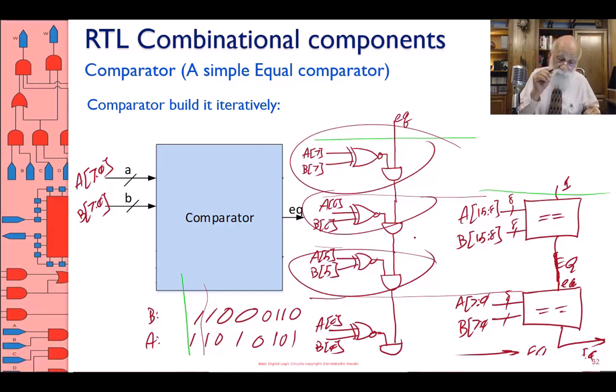And then what really happens is if, for example, A7 and B7 are equal, A6 and B6 are equal, A5 and B5 are not equal, then what happens? You bring in a 1 here, you bring in a 1 here. Let me show you with a brighter color so you can see that easily.